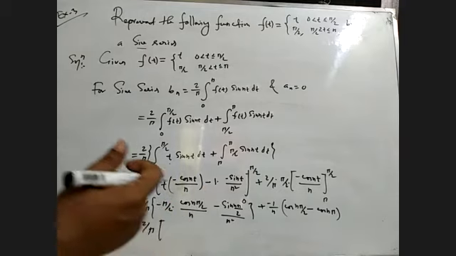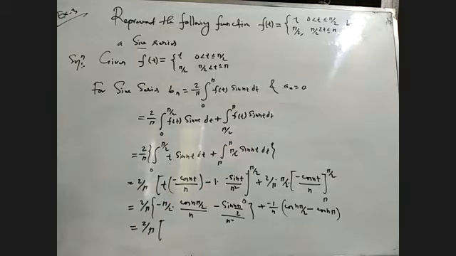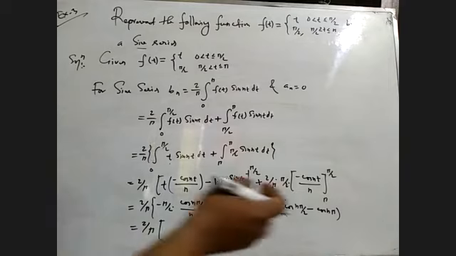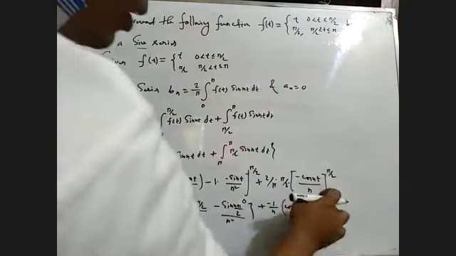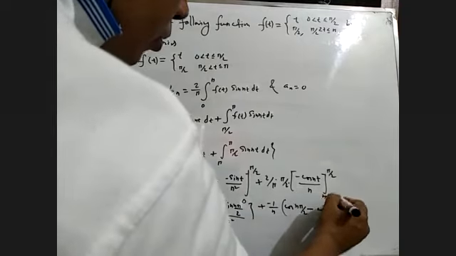Now cos n pi by n, this will actually be from pi by 2 to pi. Remember it, pi by 2 to pi.